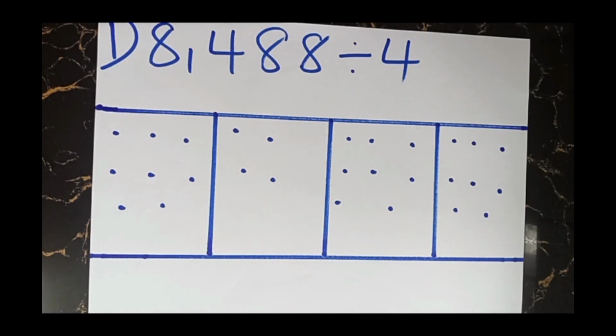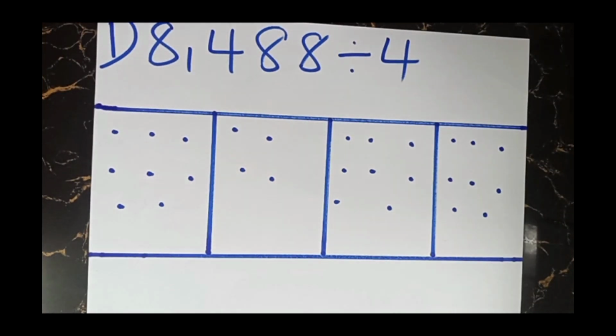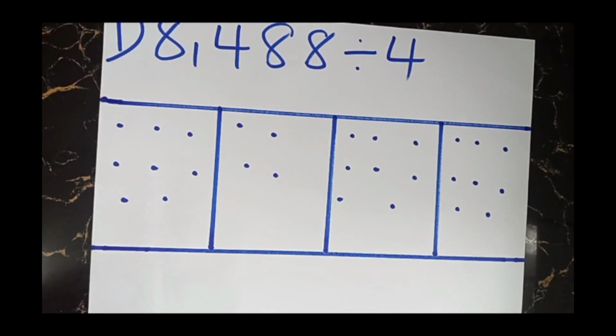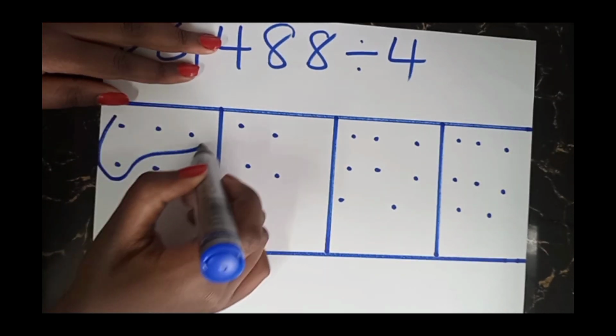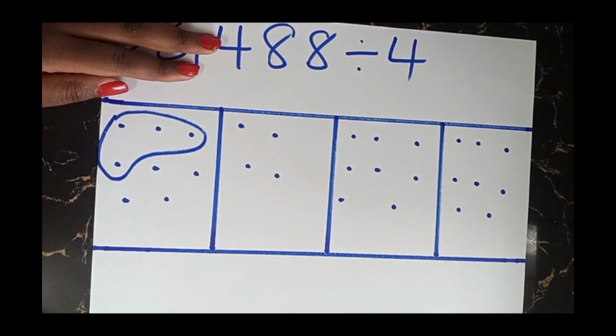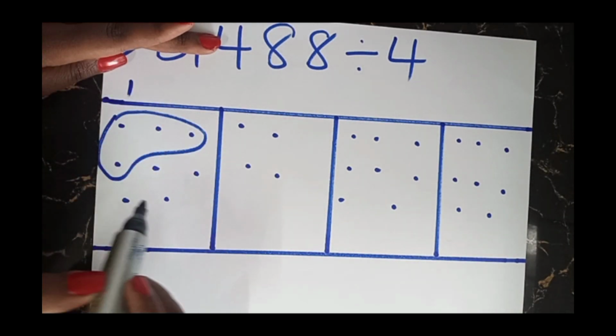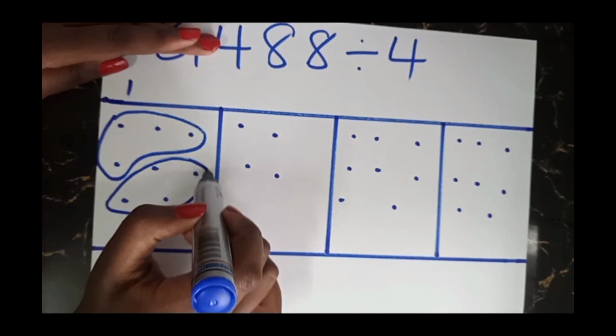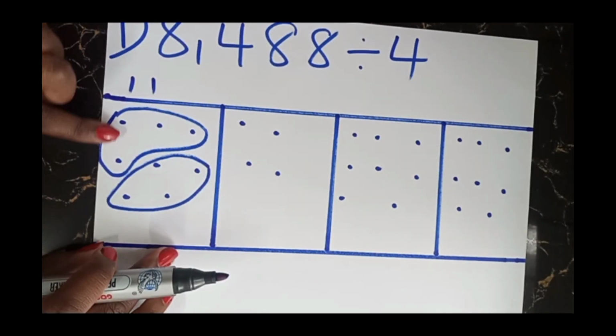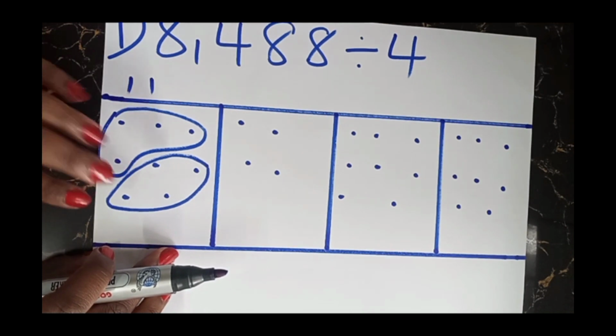So here, how many groups of 4 do we have? This is one group of 4. There is one group of 4 there. So you'll write 1 here, and there's another group of 4 here. So here in this box, we have 2 groups of 4.